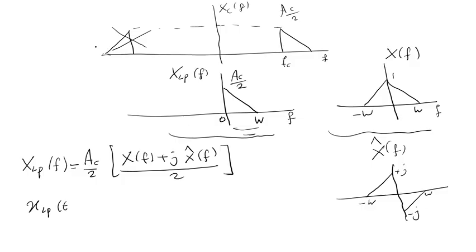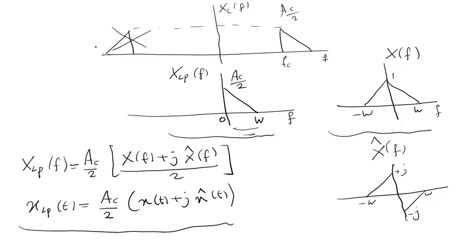X low pass(t) equals A_c over 2 times (x(t) plus j x hat(t)). The final part is to bring this low pass to the band pass, convert it to the band pass signal. Let's continue.